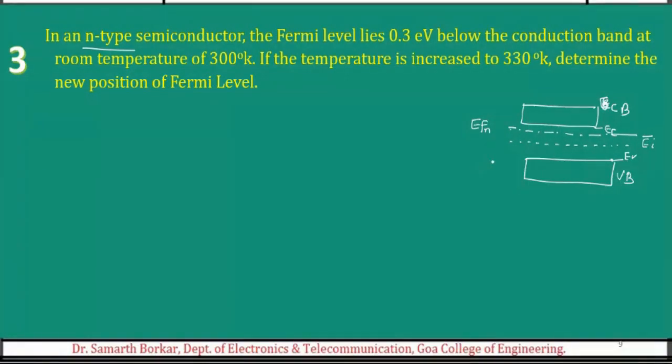Now, what it says is the Fermi level lies 0.3 electron volt below the conduction band. So this gap is 0.3 electron volt at a room temperature of 300 degrees Kelvin. Now, what if I increase the temperature to 330 degrees Kelvin? Determine the new position, whether it's going to shift the Fermi level up or down.